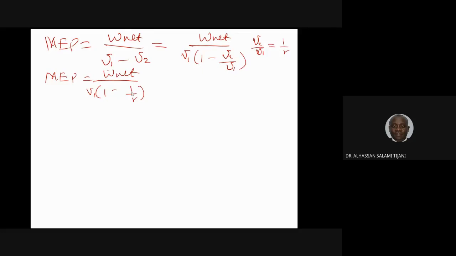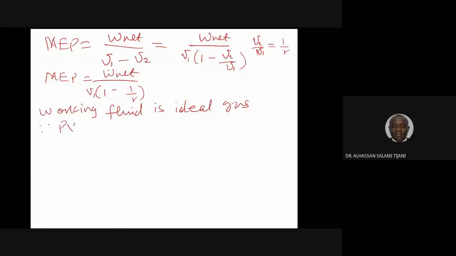Now, how do we determine V1? Since the working fluid is an ideal gas, we can have P1 V1 equals m R T1.